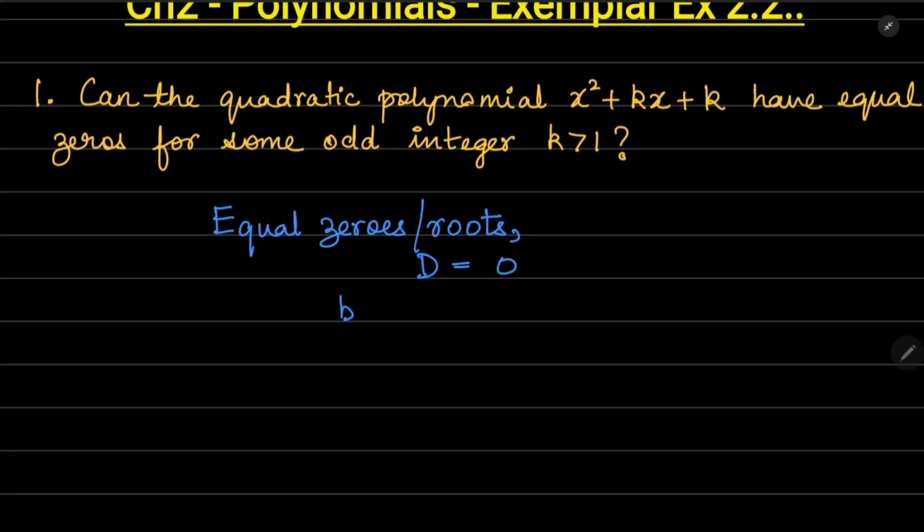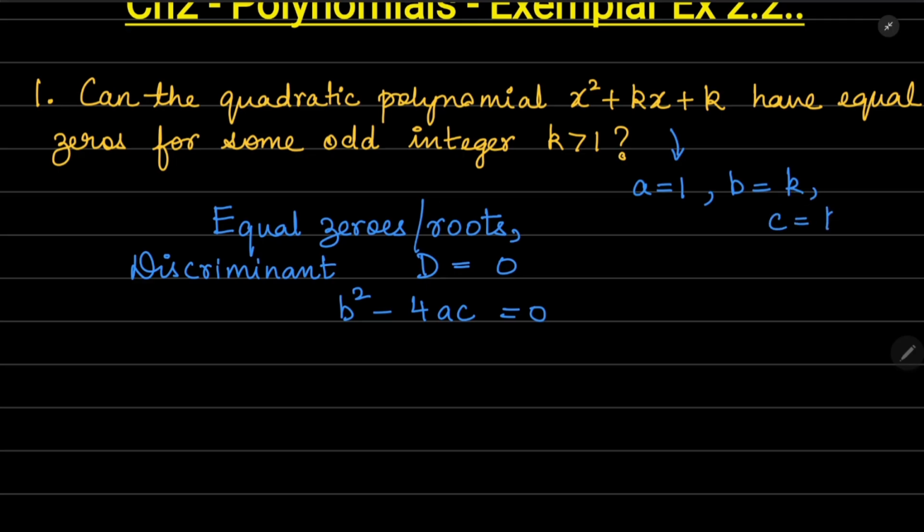So how do you calculate D? Discriminant is b square minus 4ac. Let me write here, discriminant is equal to 0. And what is b here? So from the given polynomial, your a is 1, the coefficient of x square, your b, coefficient of x is k, and your c is also k.